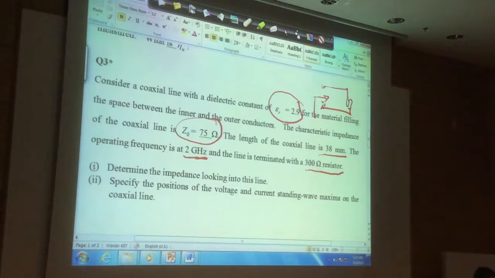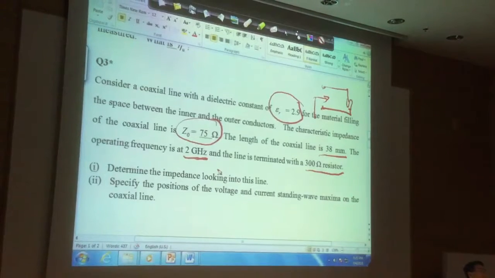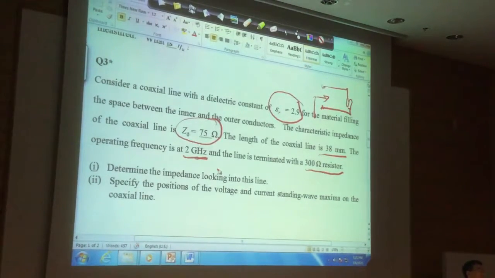Now, you need to translate all this information into how you can use the transmission line equation, right? How to use the transmission line equation? A very important parameter is kL, right?